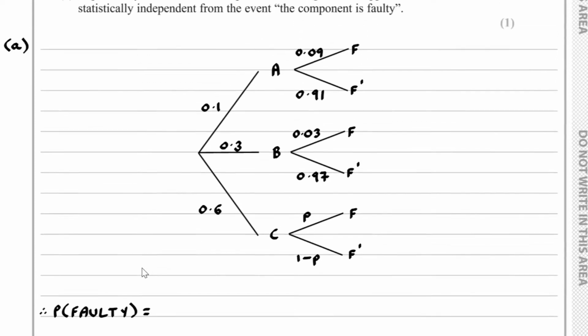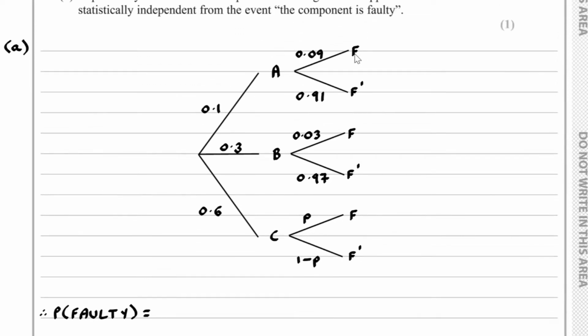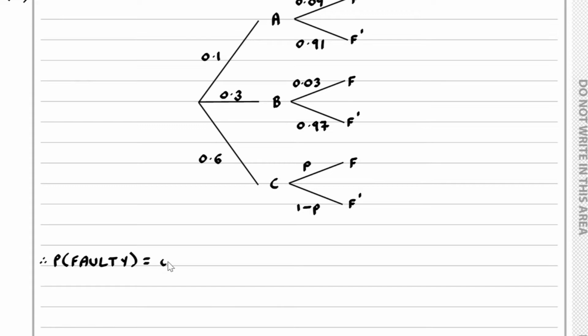Now how could we get faulty components? We've got A being faulty, so that's 0.1 times 0.09. Then we've got B being faulty, so that's 0.3 multiplied by 0.03. And then we've got C being faulty, so that's 0.6 multiplied by P. And this is equal to 0.06.